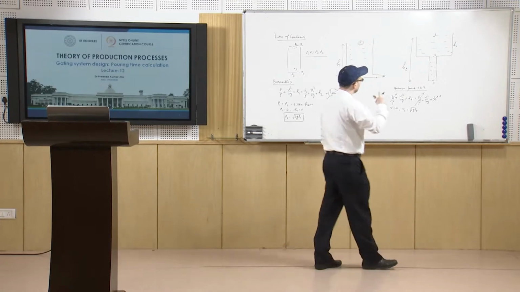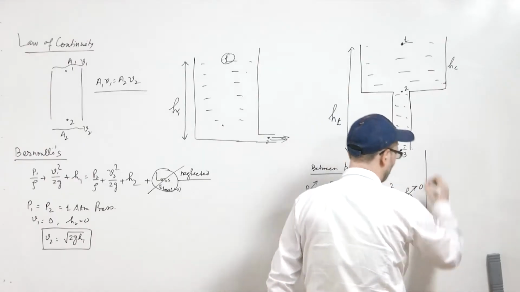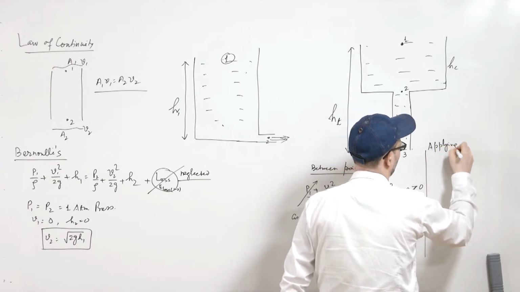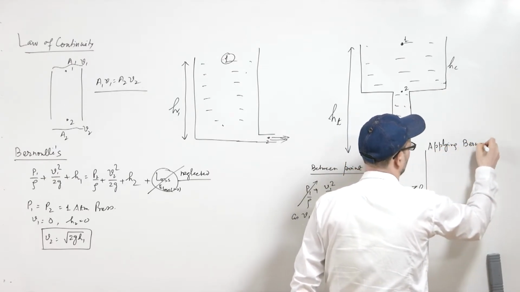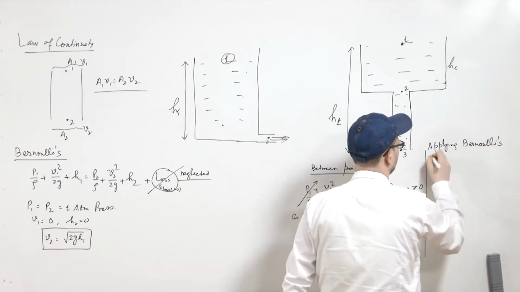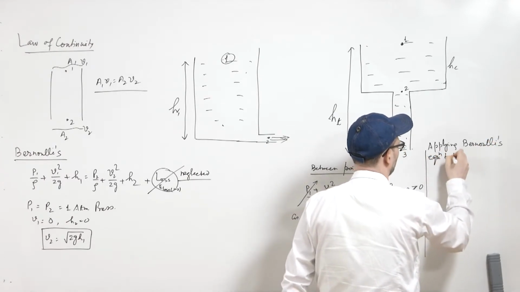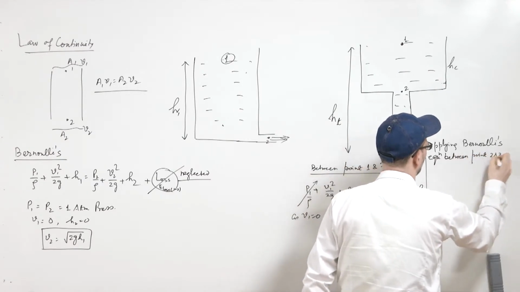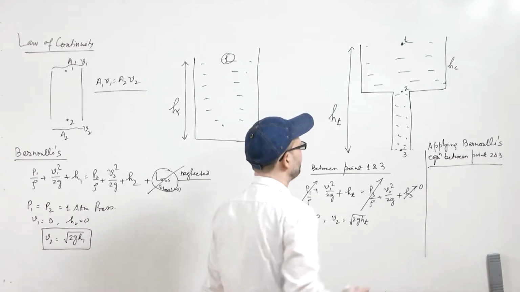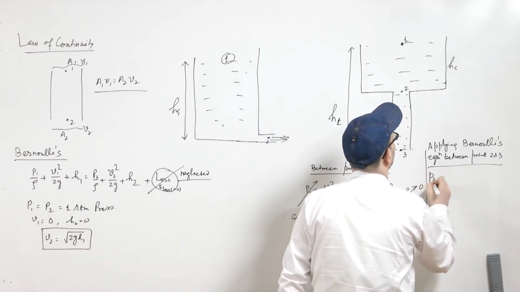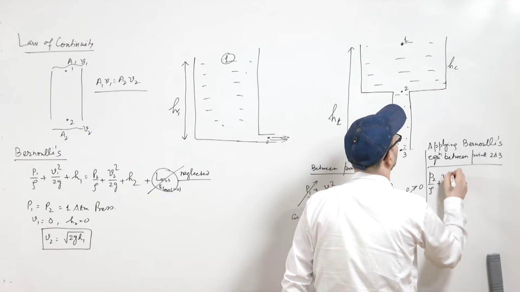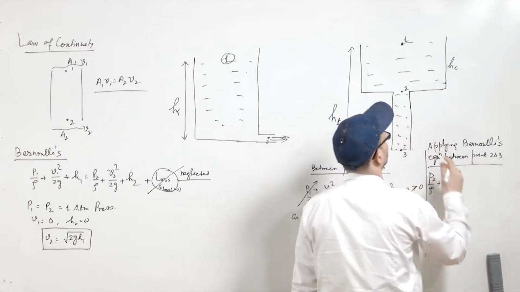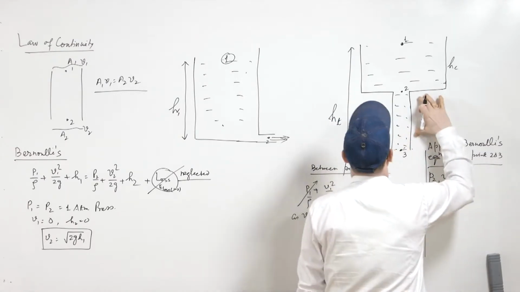Now, again if you apply Bernoulli's equation between point 2 and 3, what we get is P2 by rho plus V2 square by 2g plus this height.